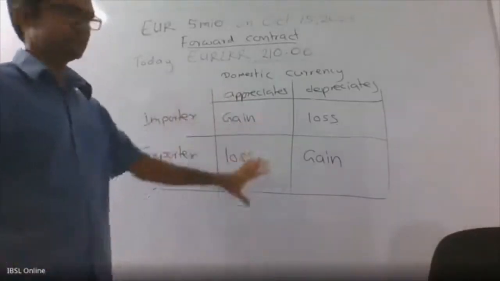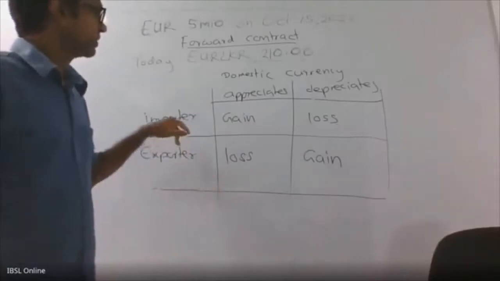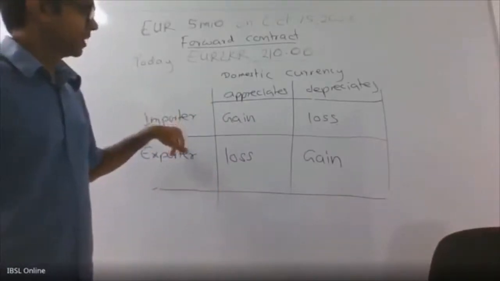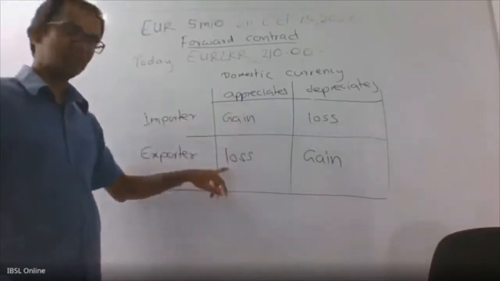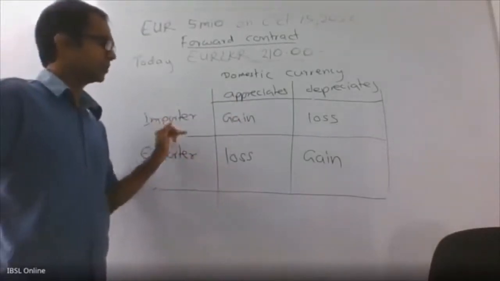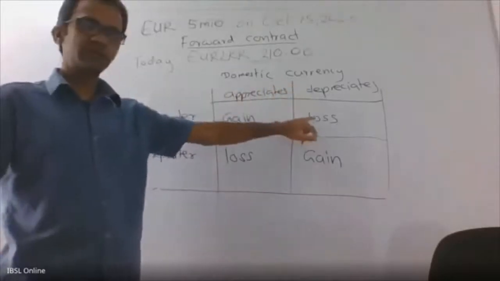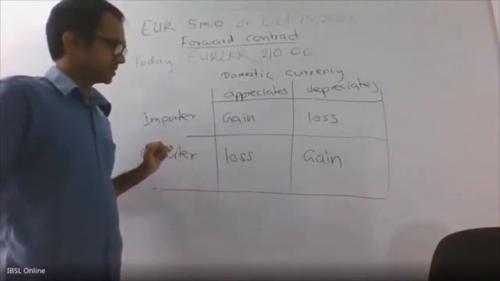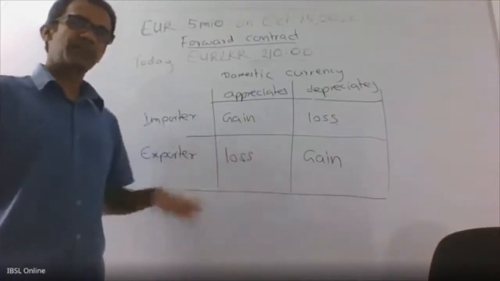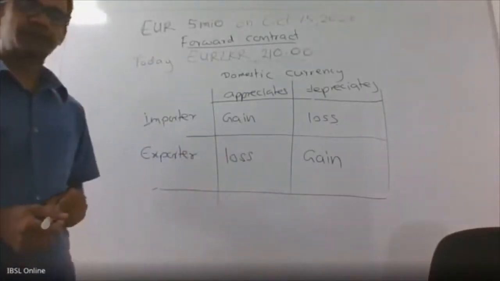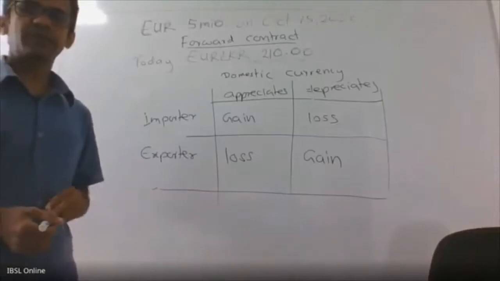So this is the outcome. For an importer, currency appreciation is good, but it's not good for an exporter. For an importer, currency depreciation is not good, but it's good for an exporter. So now think about whether you like dollar rupee to appreciate or depreciate.